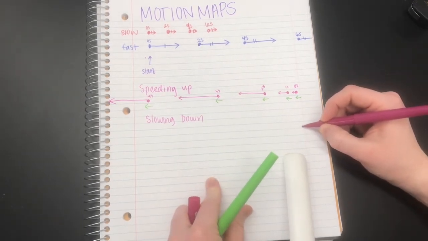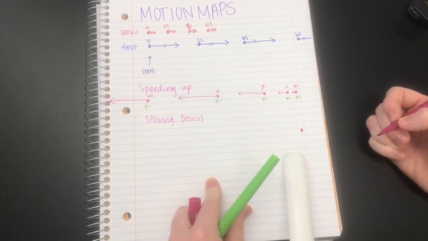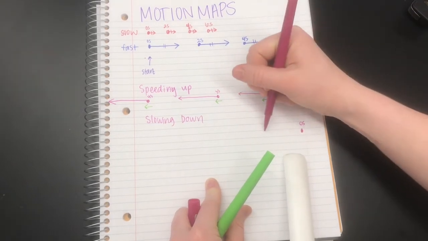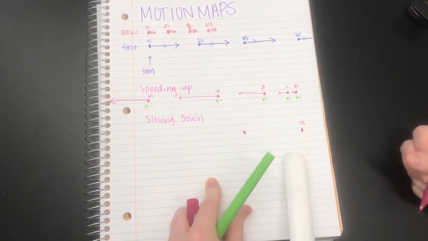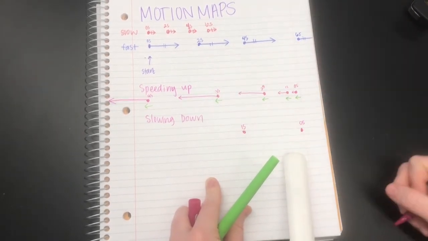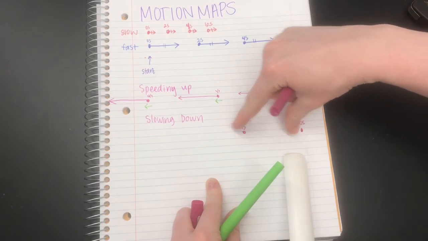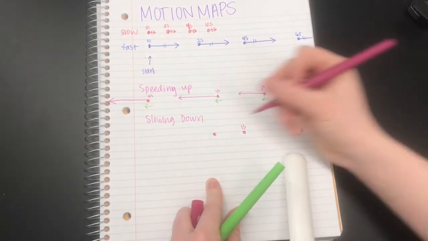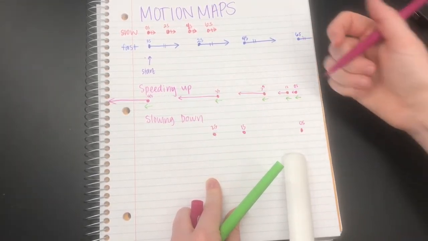So I'm actually going to start my motion map, and we're going to call this 0 seconds, with a pretty substantial difference in position between 0 seconds and 1 second. Then between 1 second and 2 seconds, I want to make this actually smaller. So I'm traveling less distance every second.